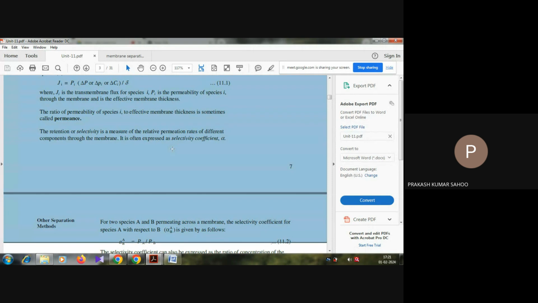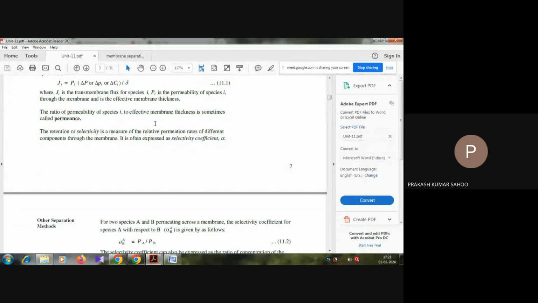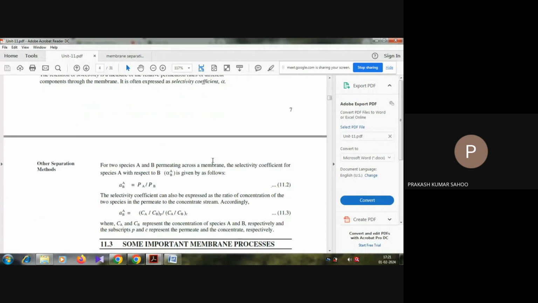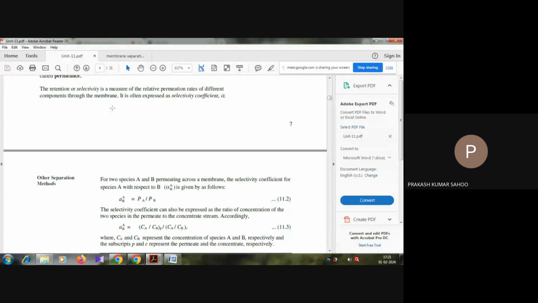That is, the permeability to effective membrane thickness is known as permeance. That is, the membrane thickness, how it is related to the ratio of the permeability of species, is known as permeance.